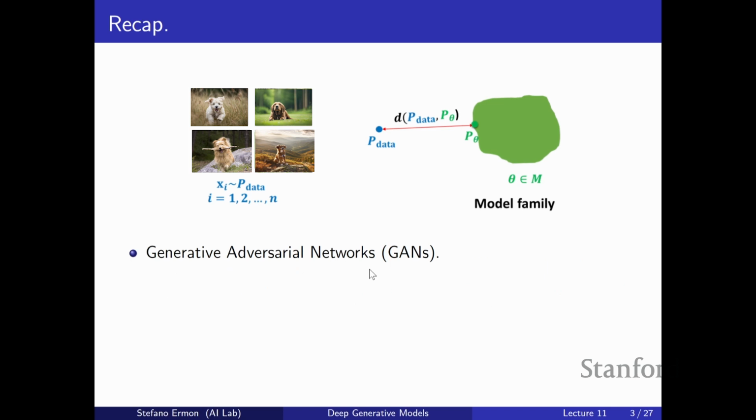The other approach, at the other extreme, is to try to have as much flexibility as possible in defining the model family. Specifically, we define the probability distribution implicitly by instead defining the sampling procedure. The price you have to pay is that you can no longer measure this kind of similarity up here using KL divergence.